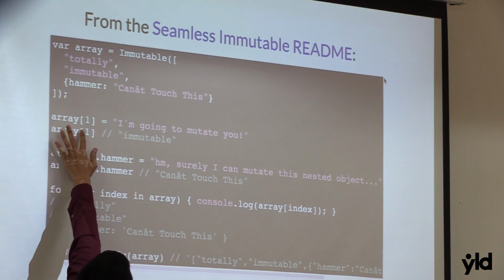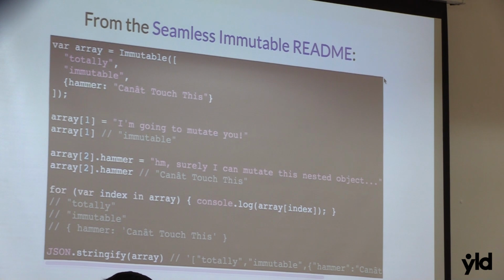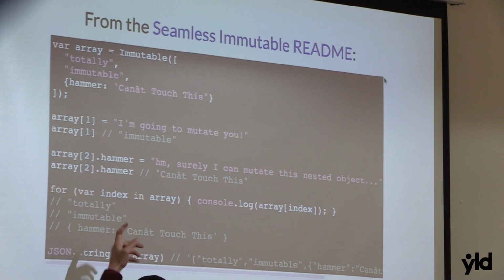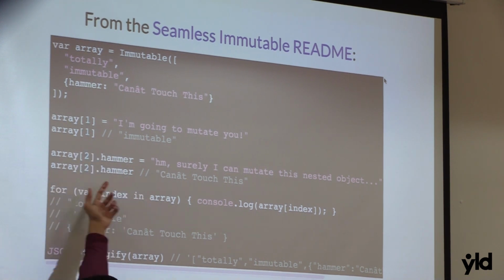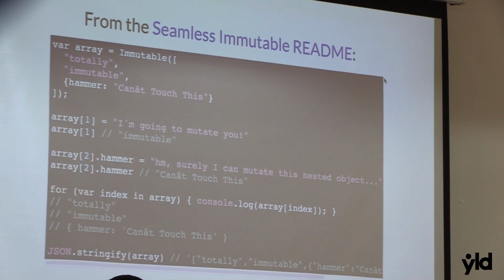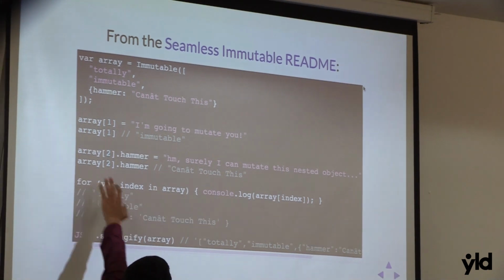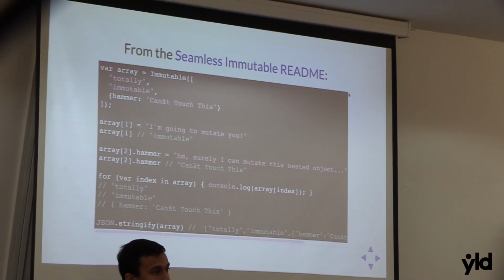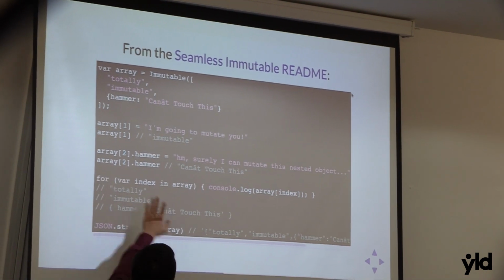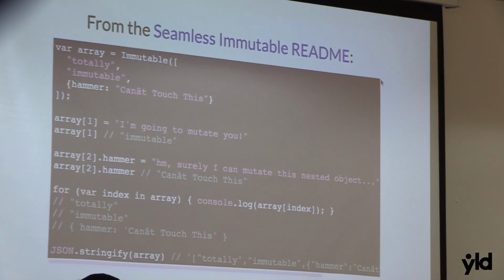For instance here, it's trying to redefine the first element of this array, or the second element depending on where you're counting from, to some other string, and it still logs "immutable", which is the first string, the first property that we defined on this array. Then in the second set of lines, it's trying to redefine another property, and when you log it, it still shows you the second property.